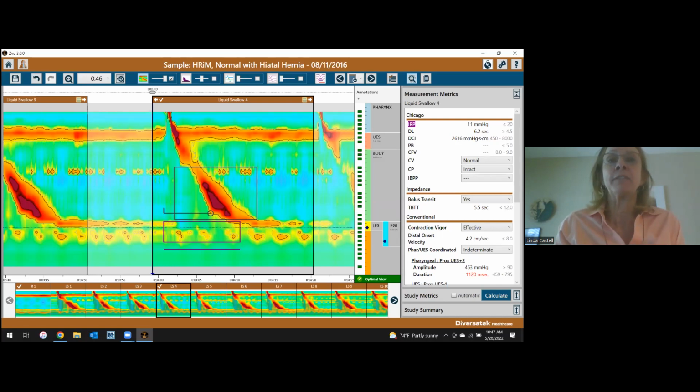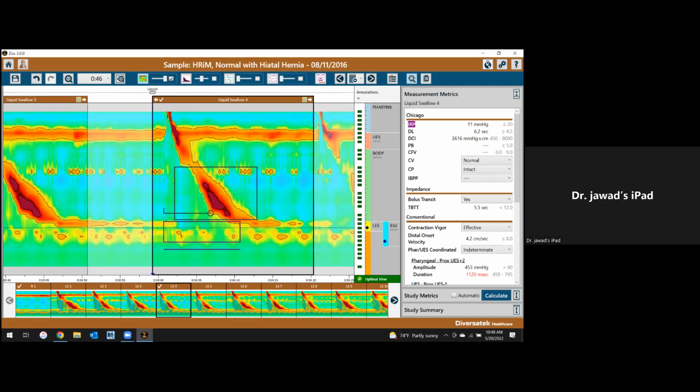If you really want to clarify that poorly relaxing LES, they do have to have a symptom of either chest pain or dysphagia. They also say to verify it, or help with that gray area, with a FLIP or a timed barium swallow. On that patient that might help, since he's kind of borderline.